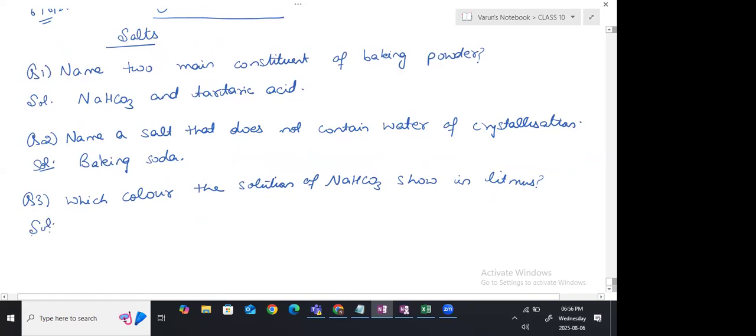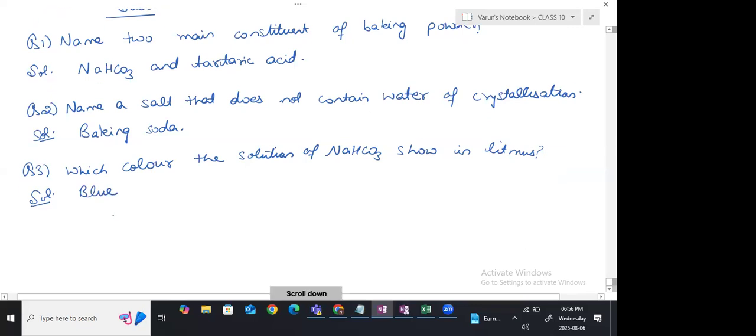Right now, I told you about the nature of NaHCO3. What is the nature of NaHCO3? Basic. If it is basic in nature, then what will be the color in litmus? Blue. Yes, so your answer will be blue. Correct?